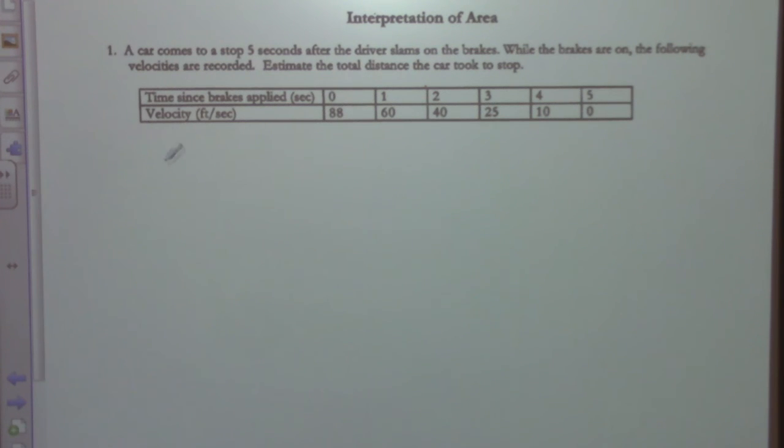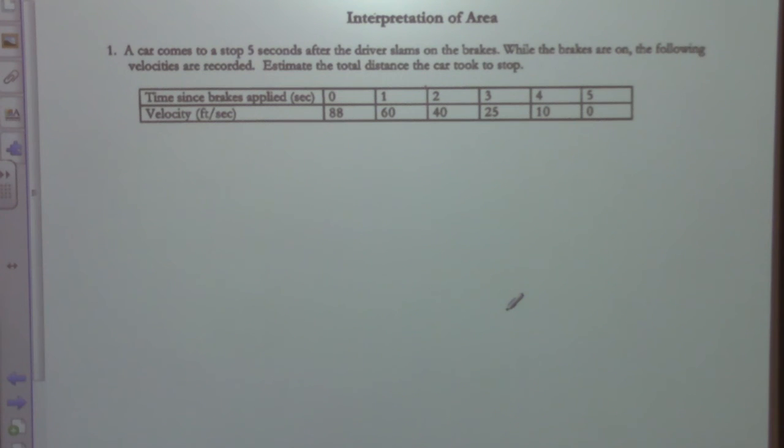Okay, what I want you to do on this one here, on number one, interpretation of area, we'll do it by groups. Aaron, you guys over here are one group.